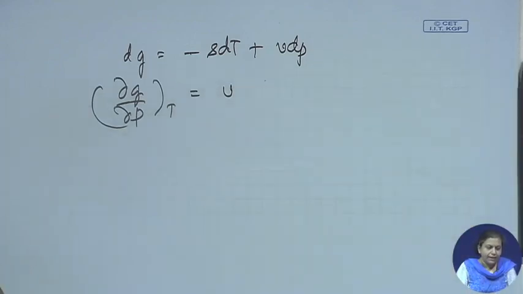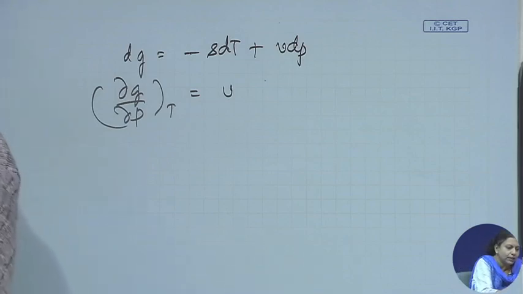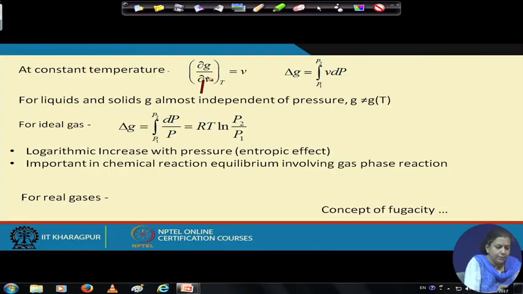So we find that del G del P at constant T equals volume, from where we can find out the Gibbs free energy change for any process when a system goes from P1 to P2, which is nothing but integral V dP, right.